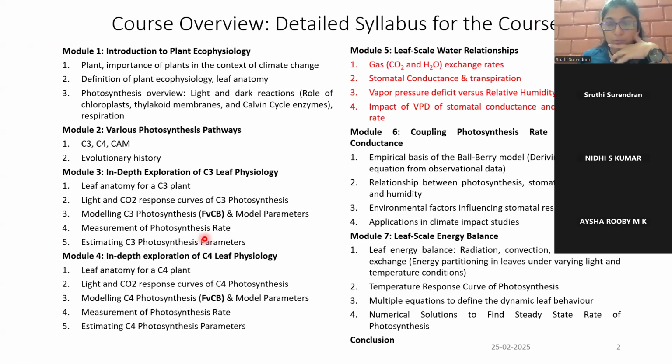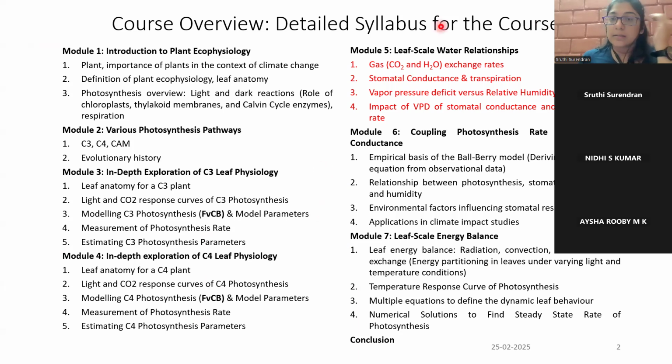So today we'll be moving on to the leaf scale water relationships. Till now we were focused more on C3 photosynthesis. I had planned to take C4 photosynthesis, but I think I'll take it at the end. Let's first deal with C3 photosynthesis and then move on to C4.